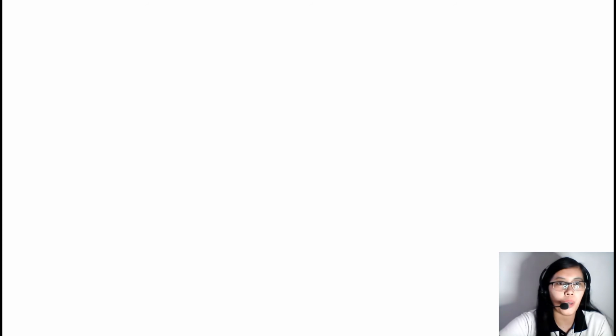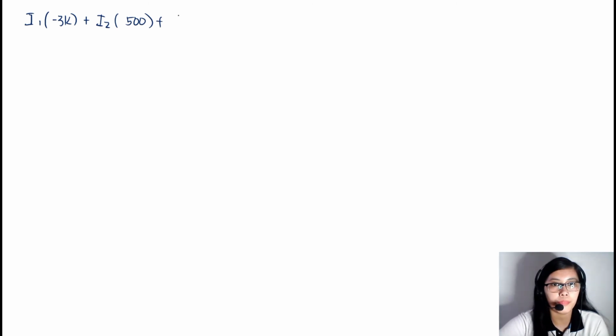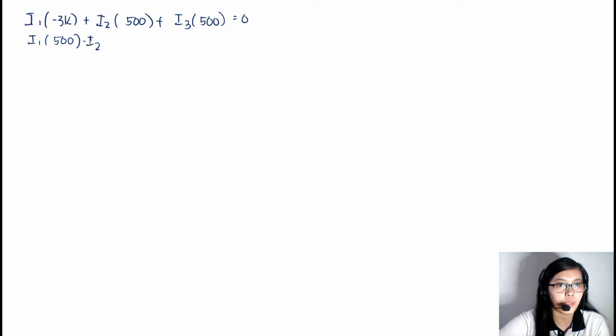We have I1 multiplied by negative 3K, I2 multiplied by 500, I3 multiplied by 500 and equal to 0. Our second equation, that's I1 times 500 minus I2 times 4K plus I4 times 500 equal to 0.